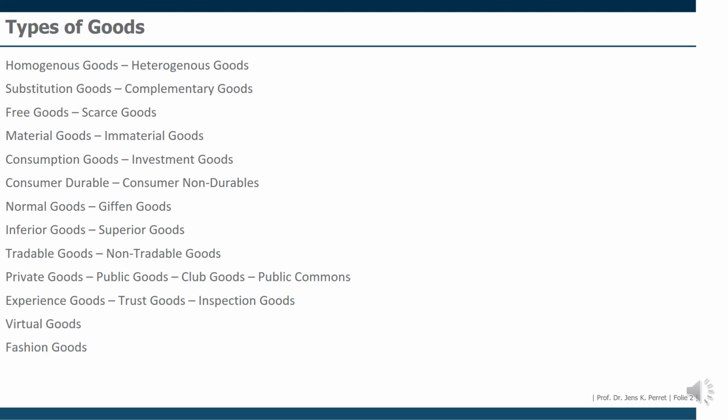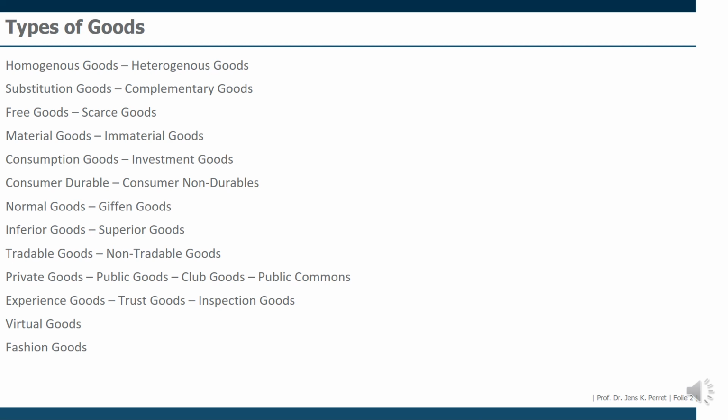Then we have fashion goods. And while with fashion goods, someone usually thinks about wearing apparel, this not necessarily includes all types of fashion goods. Because, well, the general idea is that for a certain period of time, there's a high demand for this good, and this might go down or even later on might go back up again.